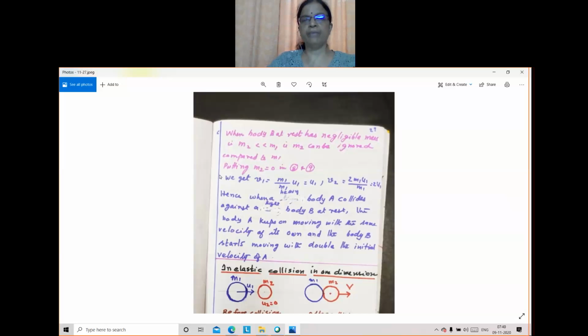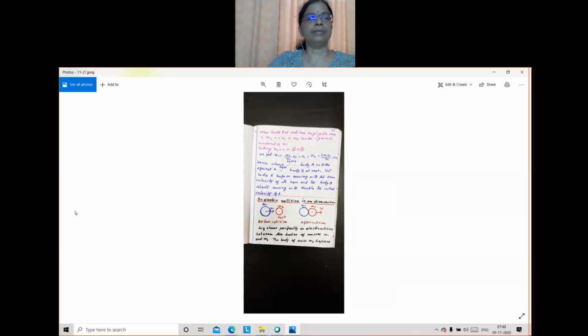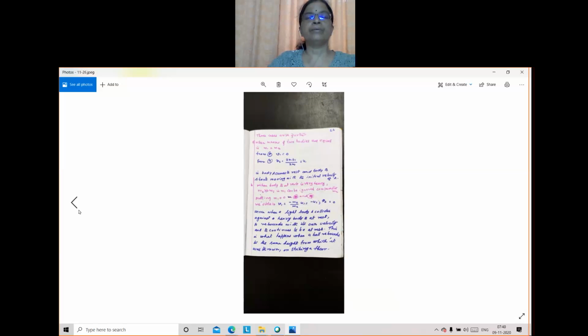The bus is very heavy, and the auto rickshaw is lighter compared to the bus. In that collision, what happened? Putting M2 equal to 0, we have ignored the auto rickshaw's very small mass. What is V1? We can go to the equation for V1.